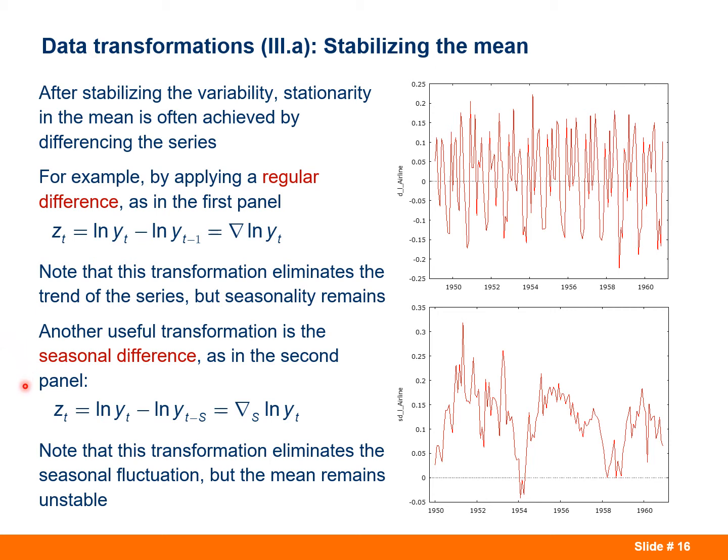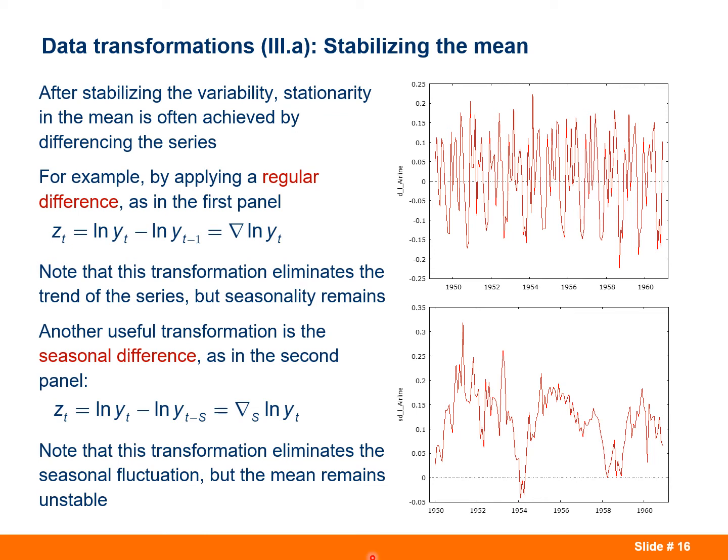The seasonal difference of yt is defined as log yt minus log yt minus s, equal to nabla sub s log yt. S in this case will be 12. It is the number of observations per seasonal period.